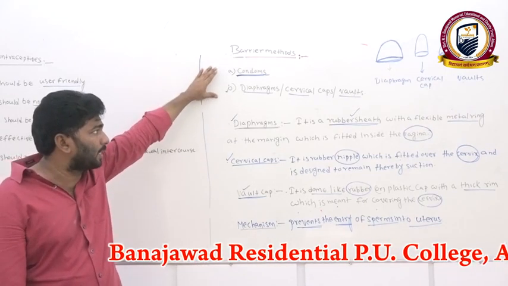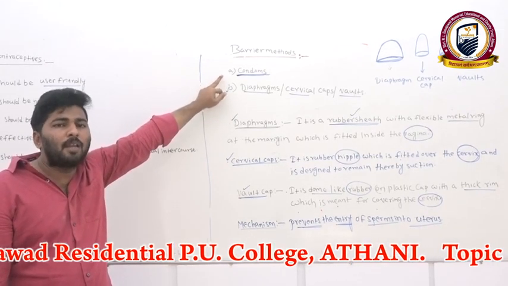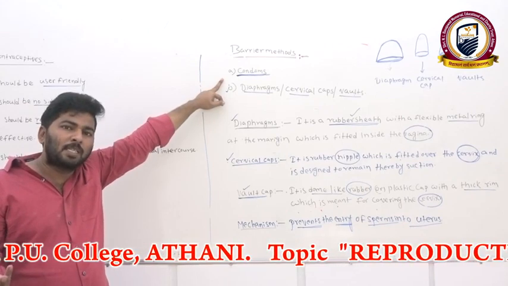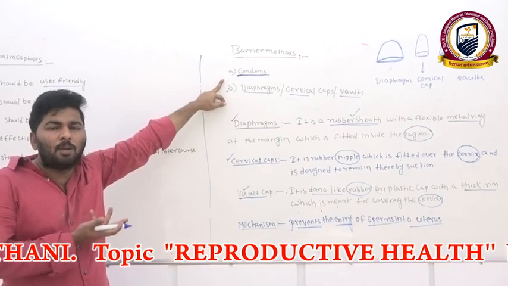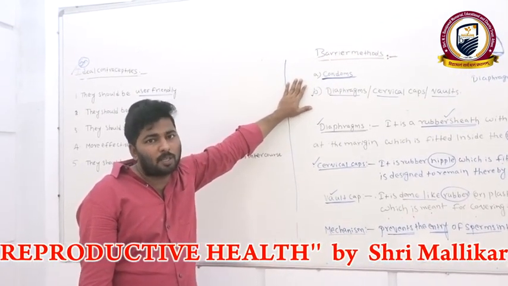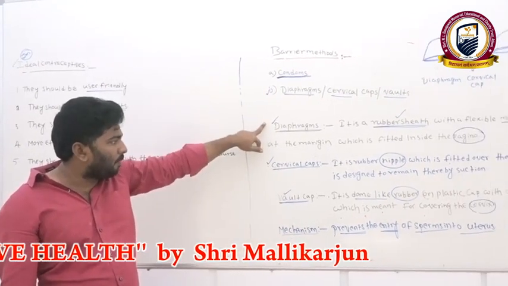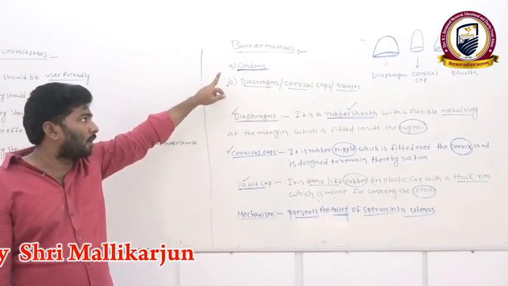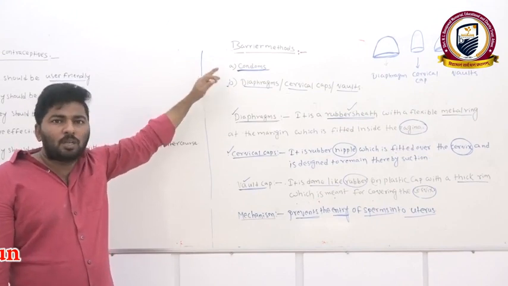But one drawback is breaking. Sometimes a condom may break, and then sexually transmitted diseases are possible, and obviously there is failure of pregnancy prevention. A broken condom cannot be reused; condoms are use and throw.